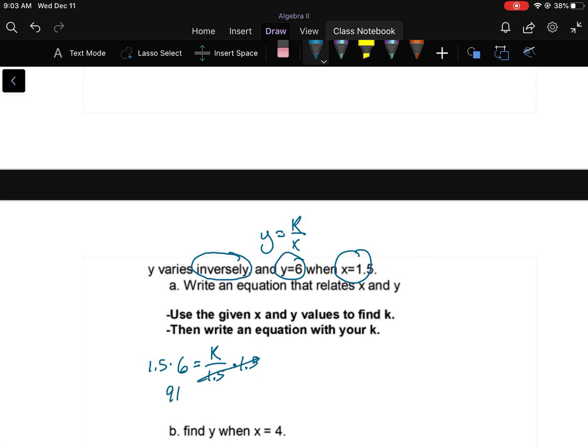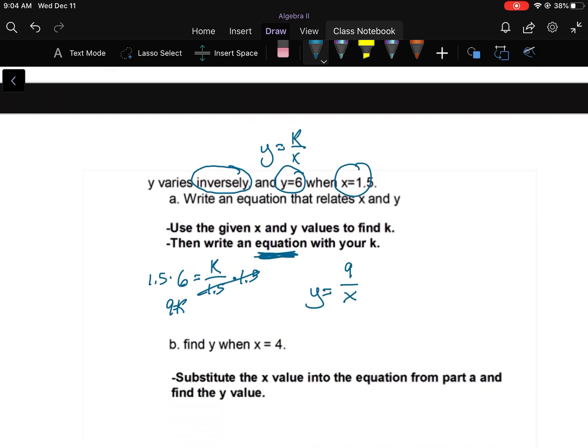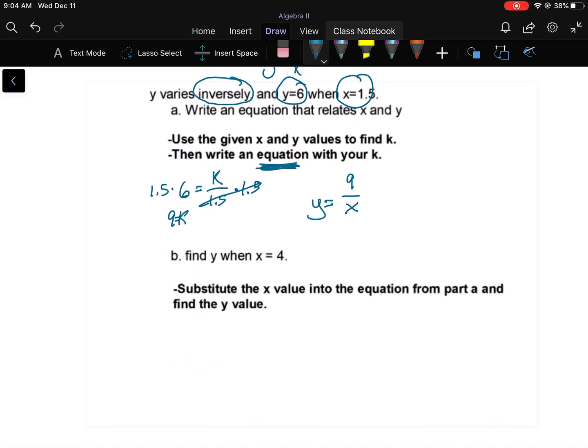So k is going to be 9. So the equation with k in it for any point of x and y would be y equals 9 over x. So when I want to find a new value for this variation relationship, for x equal to 4, I want to find the y that goes with it. I put in 4 for x and I get 9/4.